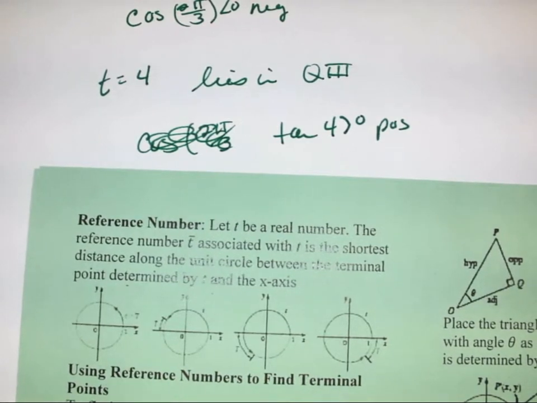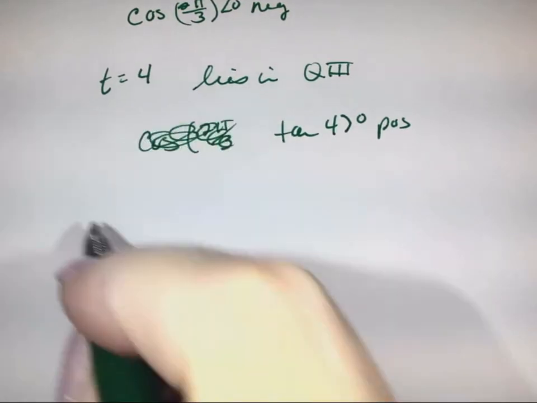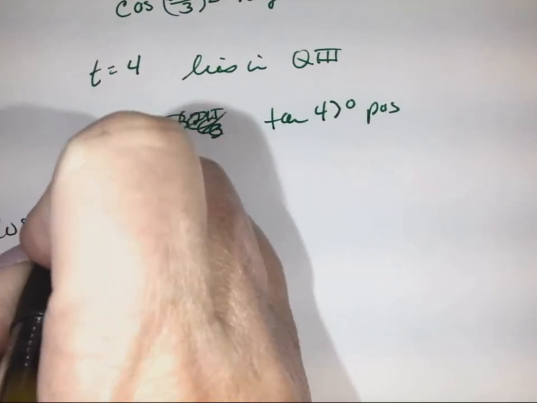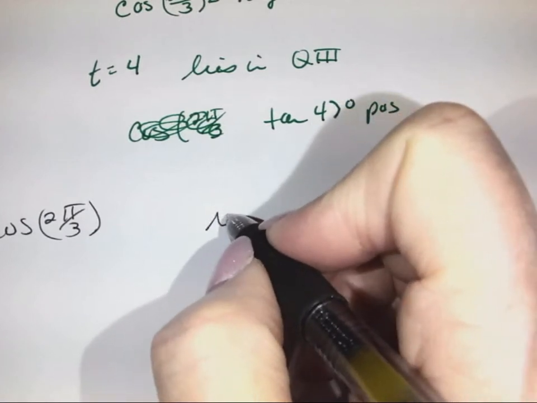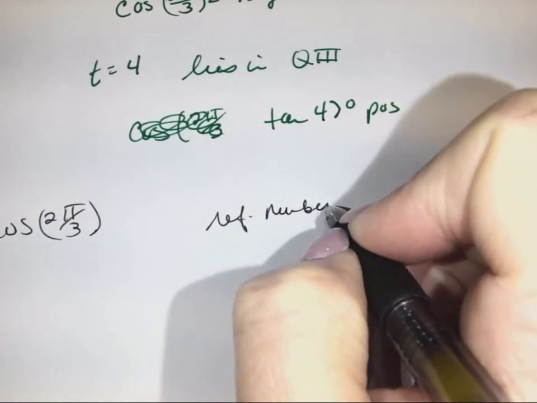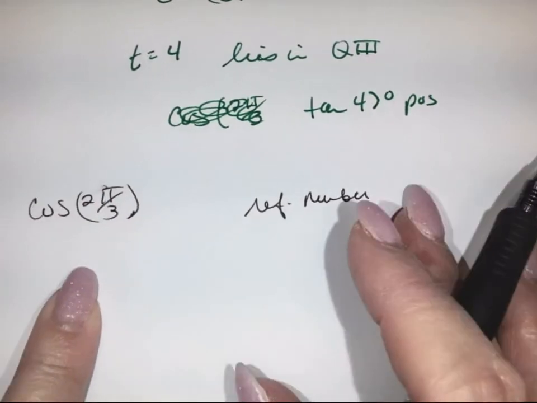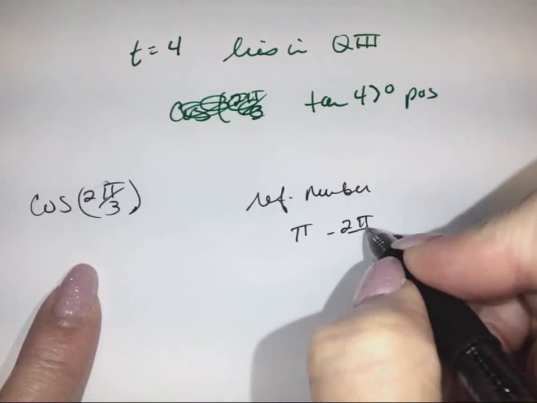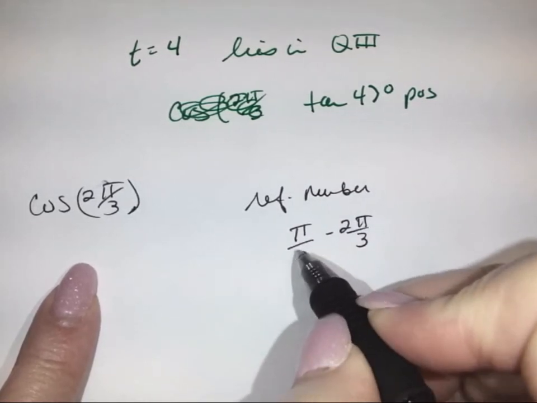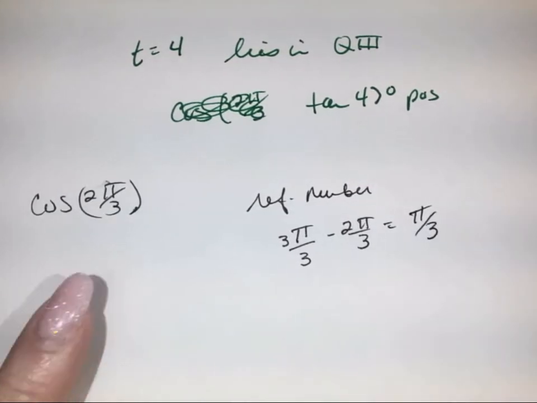So if we're looking at cosine of 2 pi over 3, our reference number takes the closest x-axis, so for 2 pi over 3 we have to go clear down to pi. So if we took pi minus 2 pi over 3, with a common denominator, we can make it 3 pi over 3, and that gets us pi over 3.